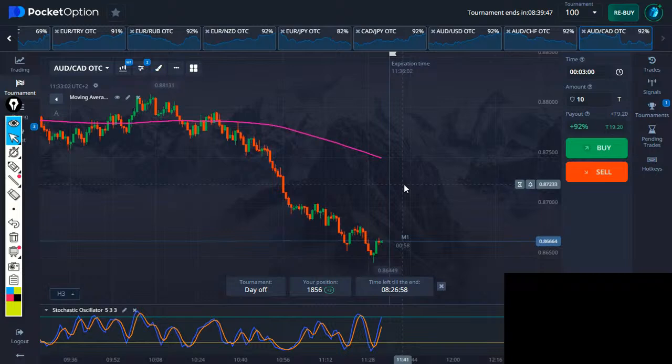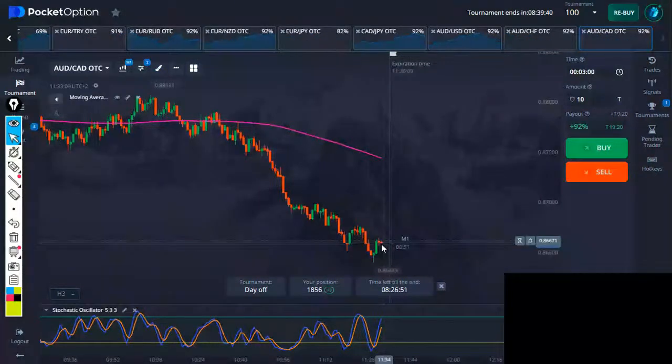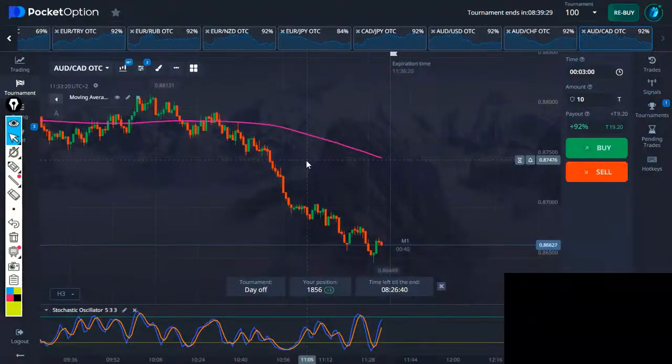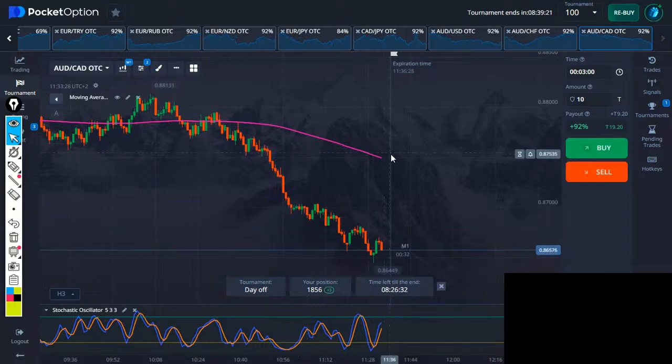So the rules of the strategy are very basic and very simple. First, for you to take sell trades, you need to find a currency pair that is moving below the moving average, the exponential moving average, the EMA.